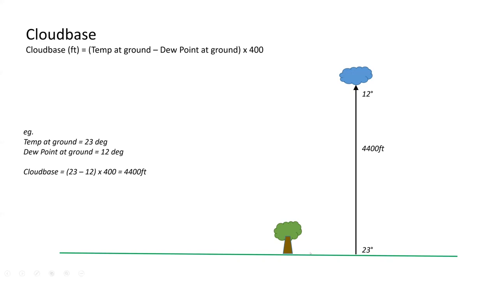But what's happening is that the capability of the atmosphere to hold the same parcel of water decreases with height by about 0.5 degrees C per 1,000 foot.